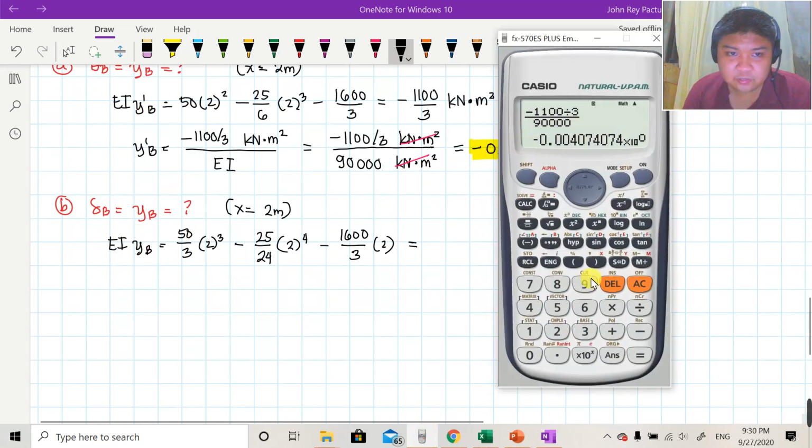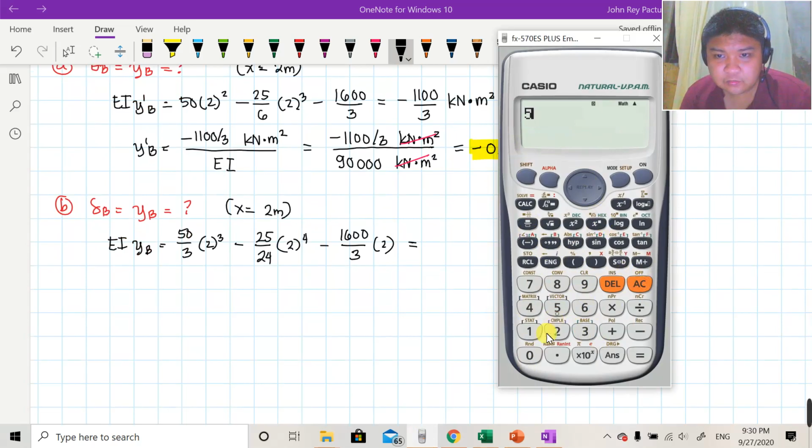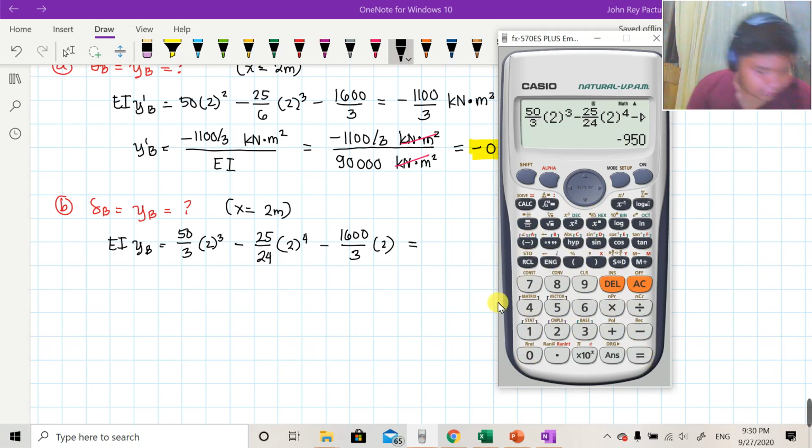So therefore, computein natin siya. 50 over 3 2 cube minus 25 over 24 2 to the 4th class minus 1,600 over 3 times 2. So, ang sagot natin ay negative 950. So, tama ba?